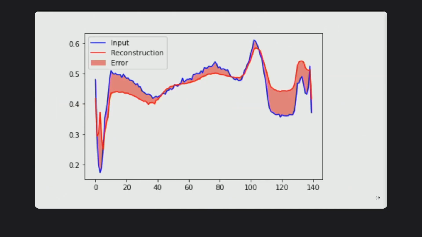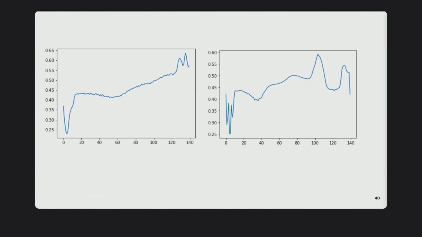And if, for example, we do that here, I've plotted one against the other. The blue was the original input image, red was the reconstructed image, and this coral shade in between the two is our error, and we can measure that error. And similarly, if I take an ECG that is anomalous, on the left is a bad ECG, and on the right is the reconstruction of that ECG.